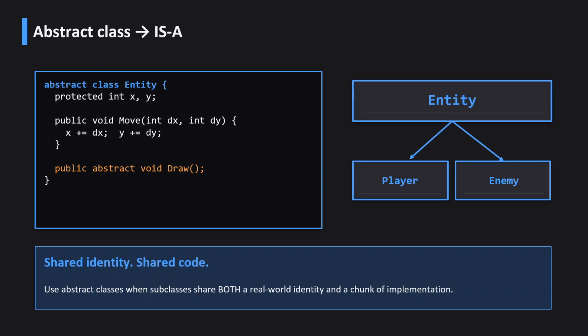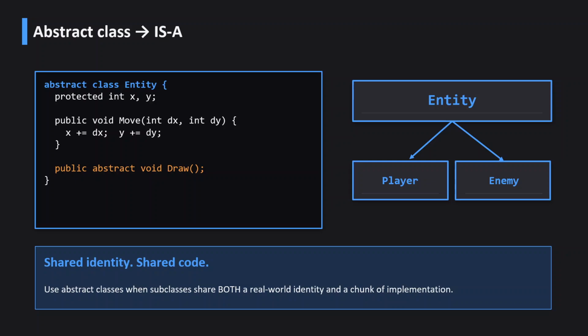So in this slide we're gonna discuss the tool for identity, which is the abstract class. Here's an entity defined as an abstract class. Notice two things. First, it has real implementation. The move method is fully written out with actual code that updates x and y coordinates.